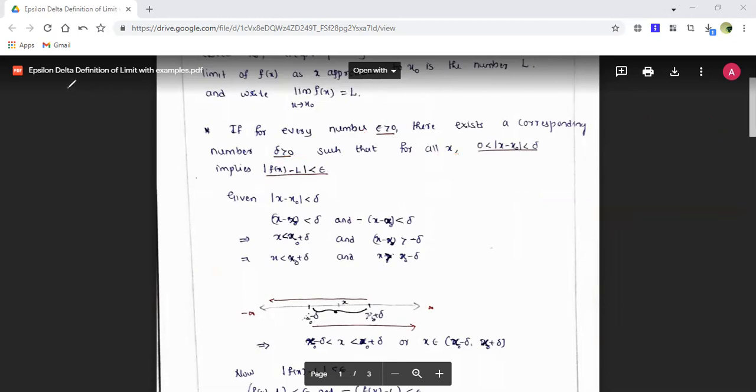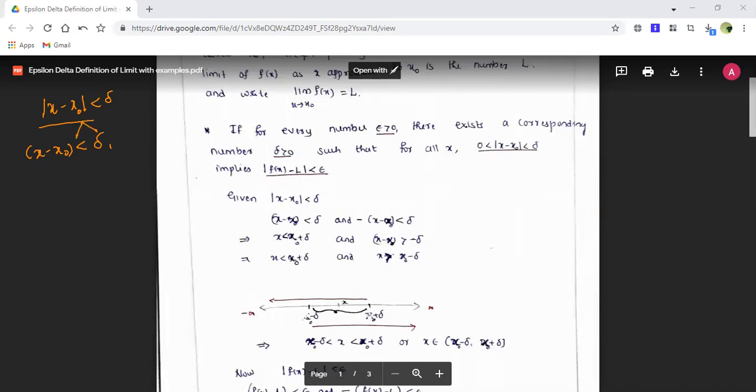Let's go with what is given. They've given that modulus of x minus x naught is less than delta. As you all know, this modulus quantity contains a positive as well as a negative part. So the same thing leads to two parts.